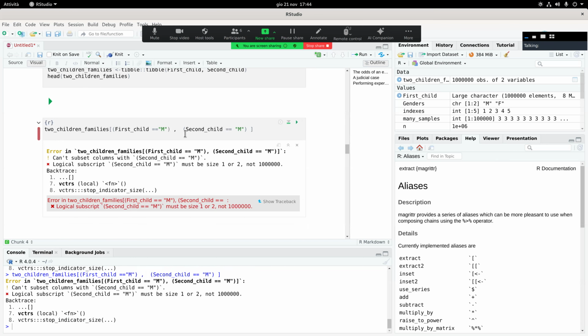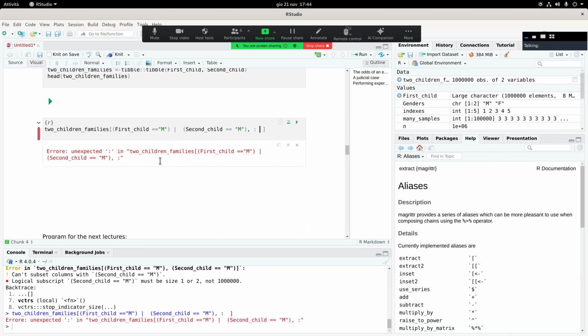There are two columns, so I need to put the indexes, two indexes, and here I take only the columns. Okay, let's check what this operand does.